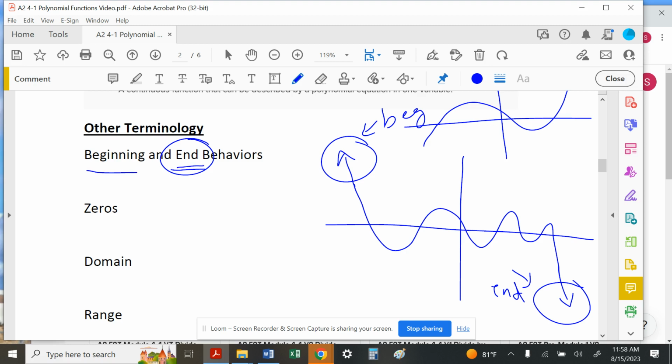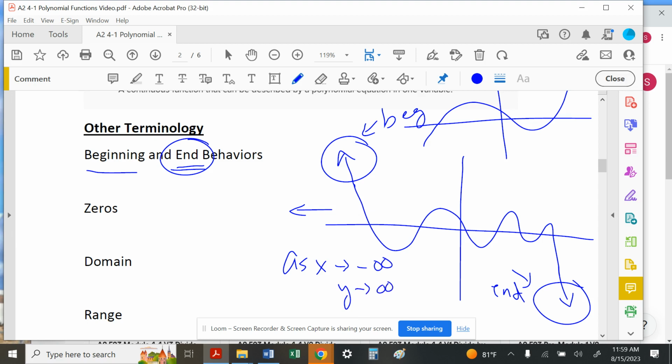Now, how do we write those? So notice here that x, of course, is going to the left. So as we progress from 0 to the left, meaning that as x goes to negative infinity, so x is going to the left as far as it possibly can go, you'll notice that y goes positive.